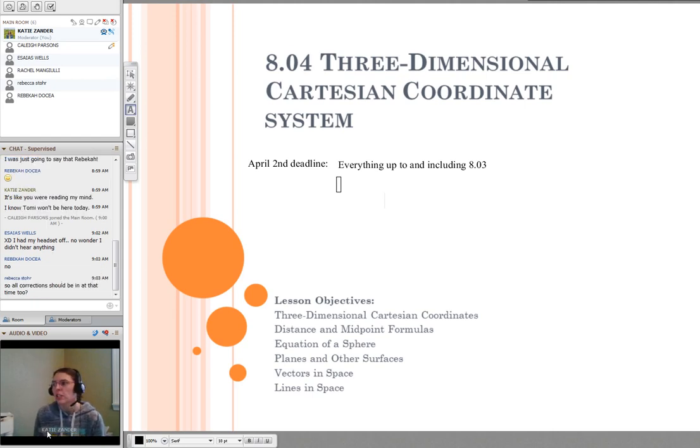I would like corrections to be turned in at that time as well. However, correction-wise, I'll still accept those if you're going to do them in quarter four, to prepare for your final exam or whatever it may be. So if you feel like you need to do corrections during quarter four for the work that was in quarter three, I'll allow it.